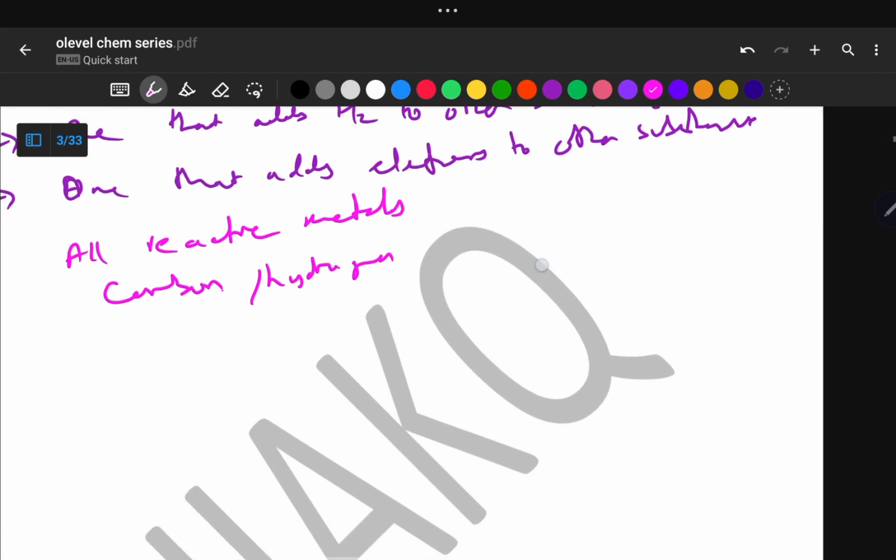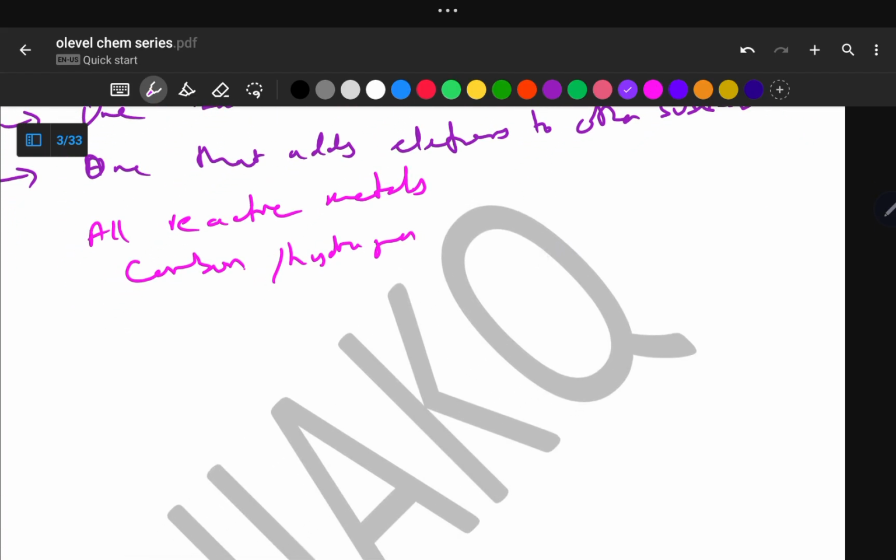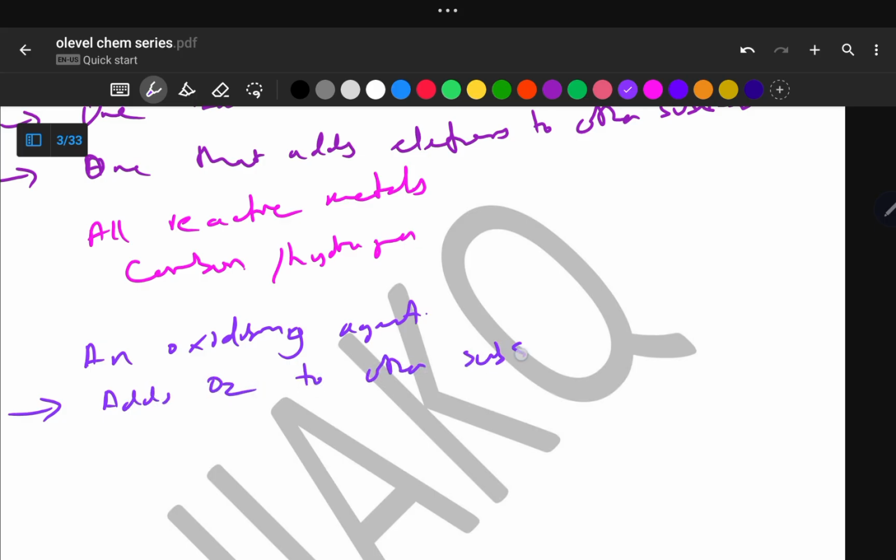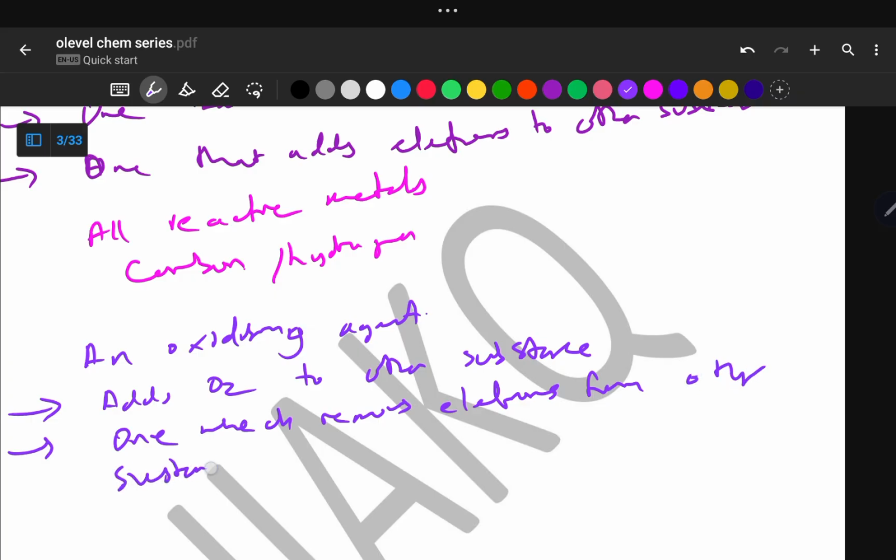And then we also have to define the term oxidizing agent. An oxidizing agent can be defined as one which adds oxygen to other substances, and one which removes electrons from other substances, right?